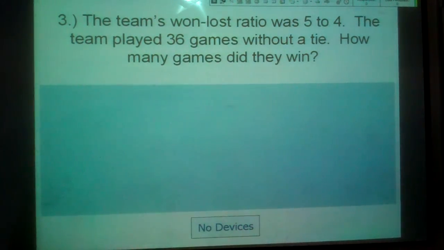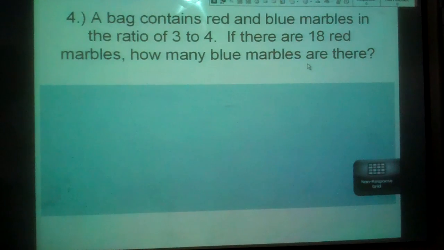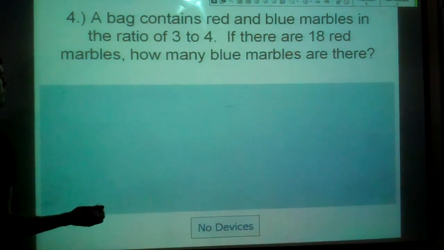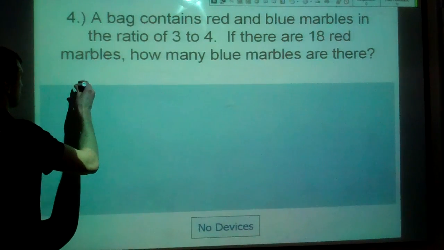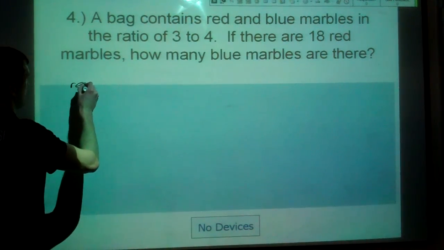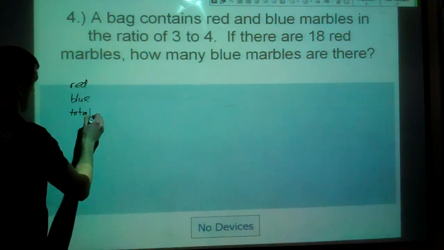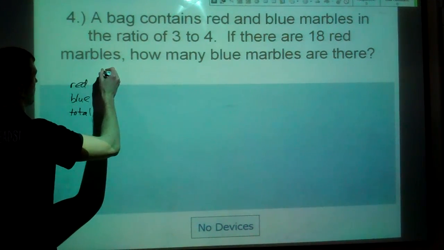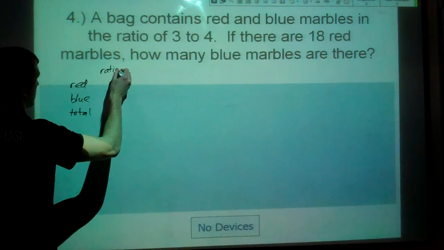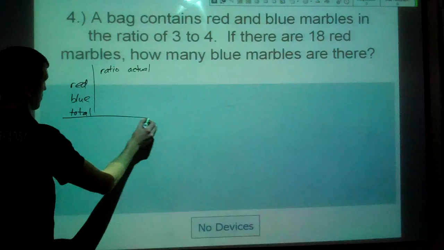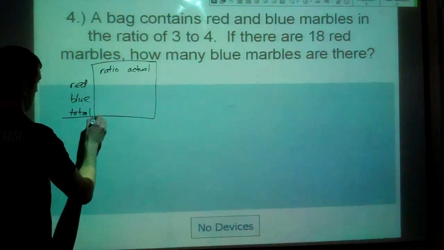Moving on. Number 4, a bag contains red and blue marbles in the ratio of 3 to 4. There are 18 red marbles. How many blues are there? So, another ratio table: red, blue, total, ratio, actual. Ratio tables will definitely help you set things up.